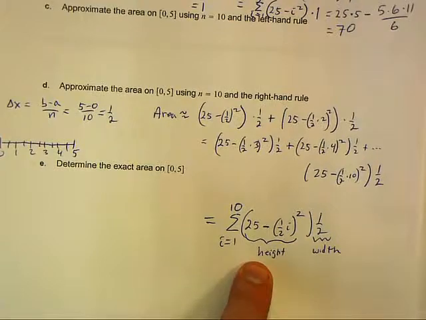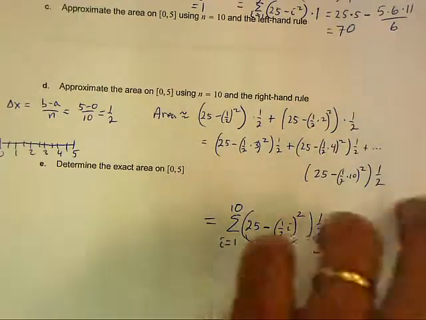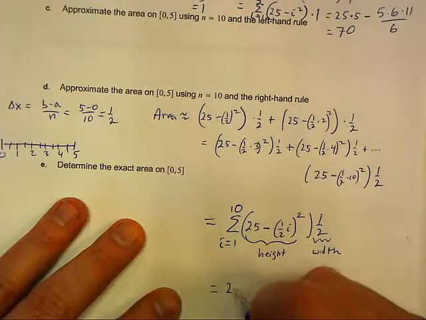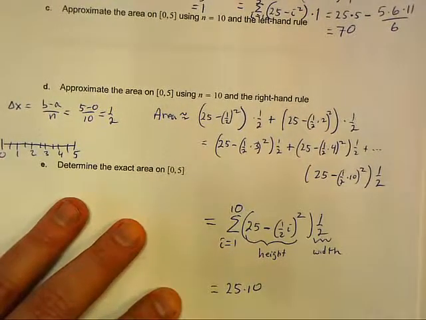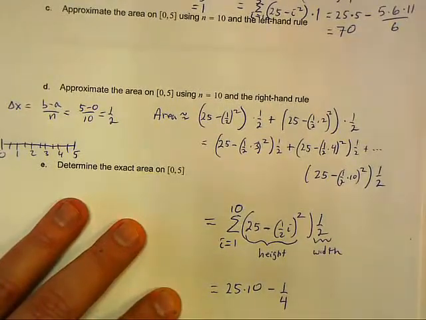All right, so I think this is a lot easier to figure out using our summation formulas than it would be to type each one of these in and have to do all the number crunching on our calculator. So we have 25 times 10 minus 1/4. Where'd the 1/4 come from? I squared, a half squared is a quarter.